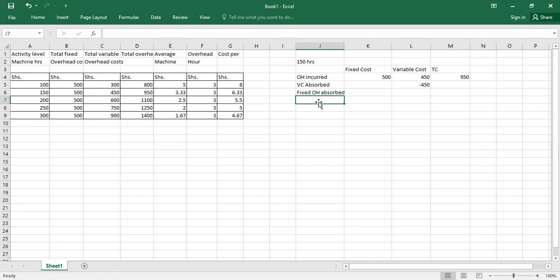Because from the total cost, you can get the unit cost. I'm asking the total unit cost. 6.33.